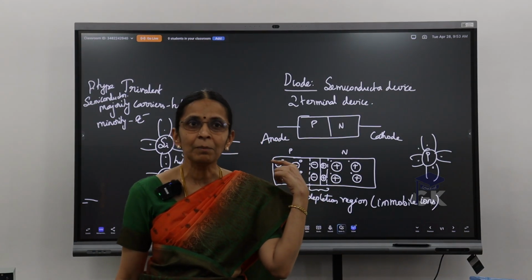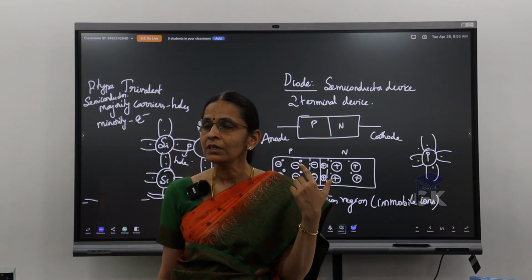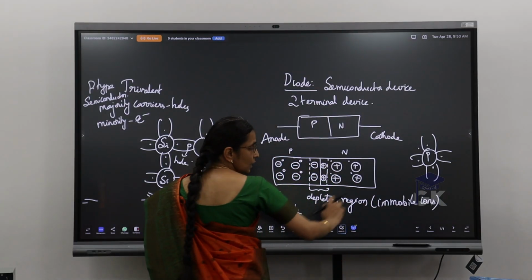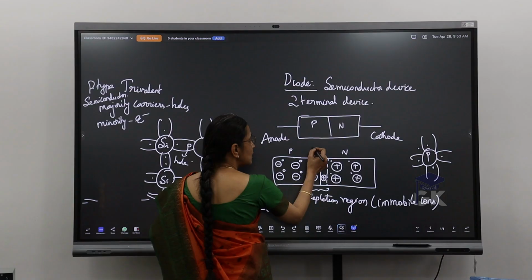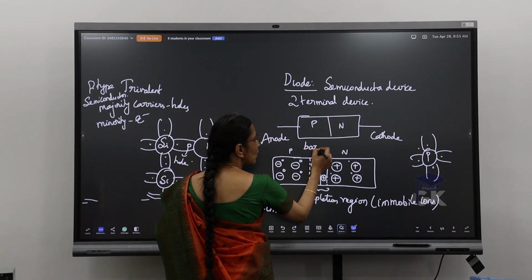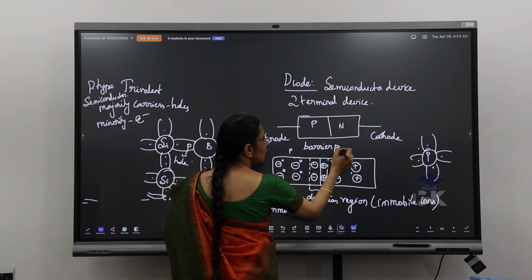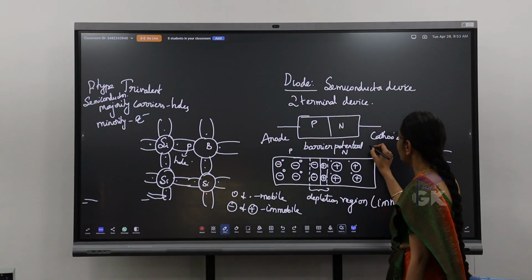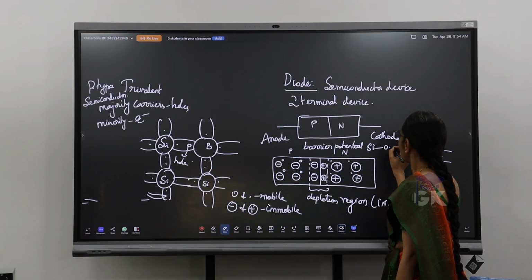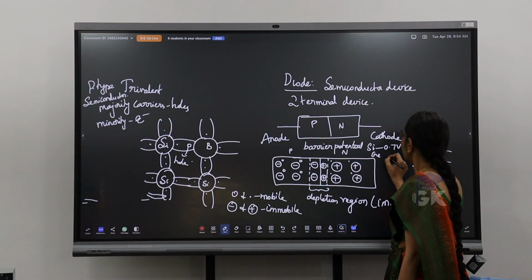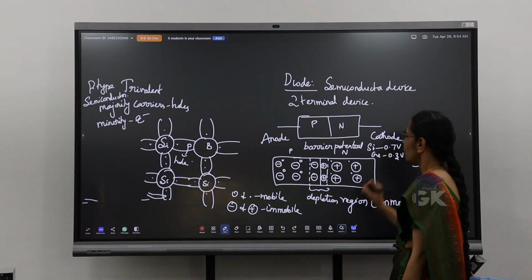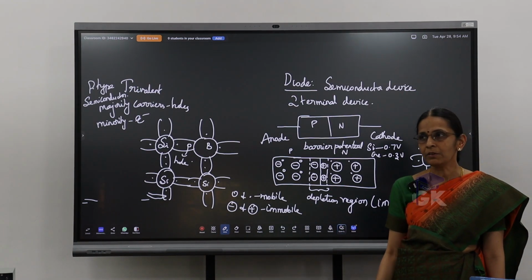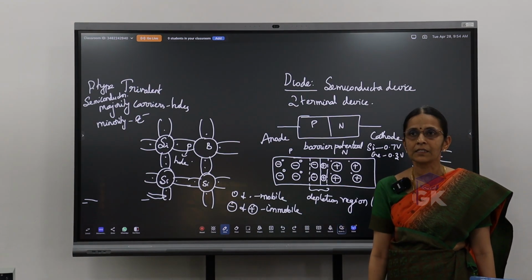This is nothing but the barrier potential. What we are talking about is nothing but the barrier potential. So this is the depletion region, and it has a potential which we call the barrier potential, and that barrier potential for silicon is 0.7 volt, and for germanium it is 0.3 volt, ideal values. Practically it might vary, which we can observe when we are doing our experiments.